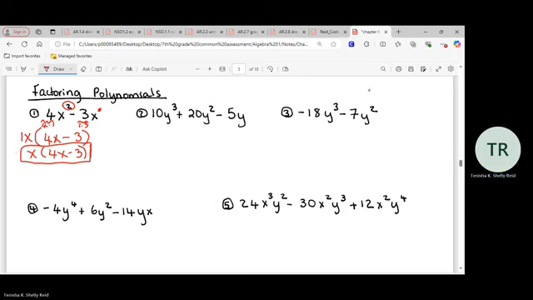If I have x times 4x minus 3, x times 4x is going to give me 4x squared. And x times negative 3 is going to give me negative 3x. Well, is this where I started? Yes. I know I factored it correctly. It's the opposite of multiplication.